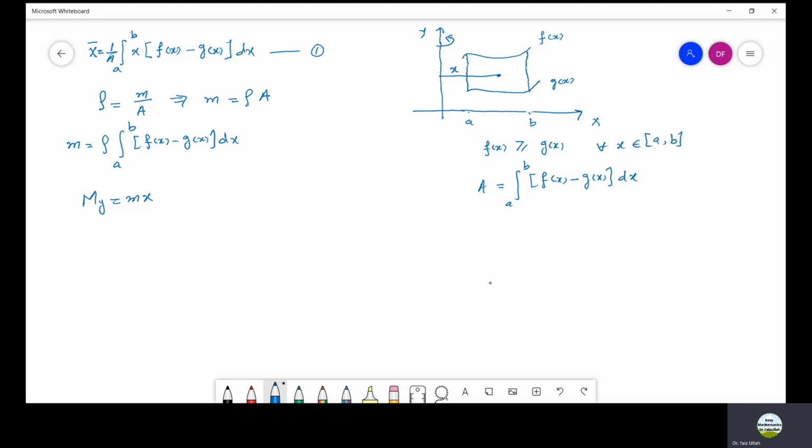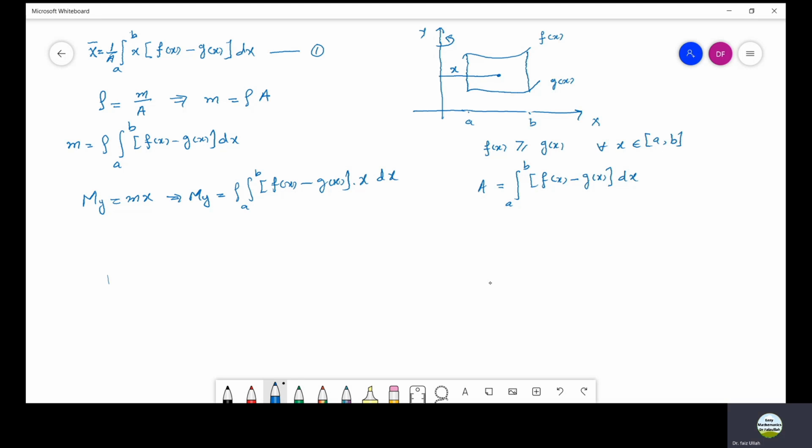So, My can be obtained as My is equal to m, where m is rho times the integration from a to b of f of x minus g of x into x dx.